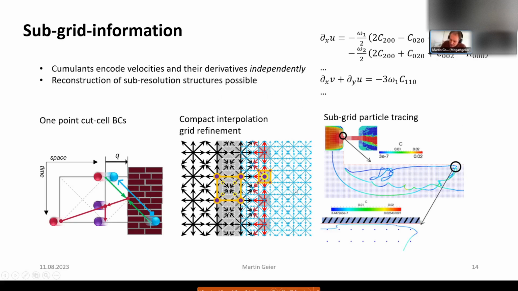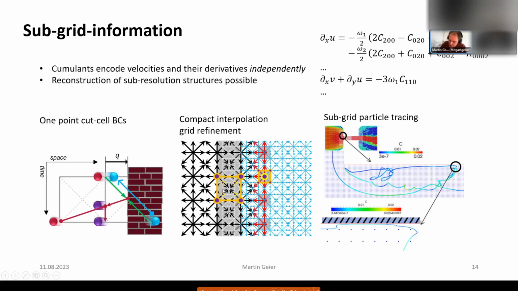What we also have, so this looks a little bit busy, it's probably not well visible, is that we can use this information from the cumulants to enhance interpolation of the velocity field.